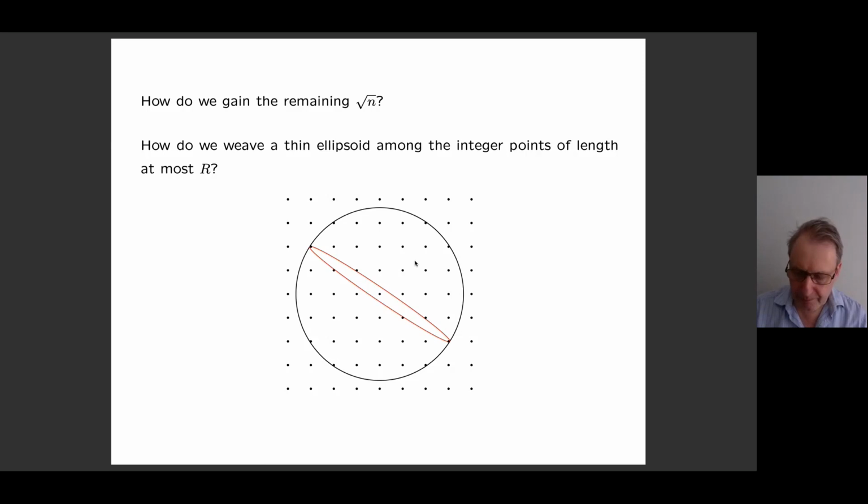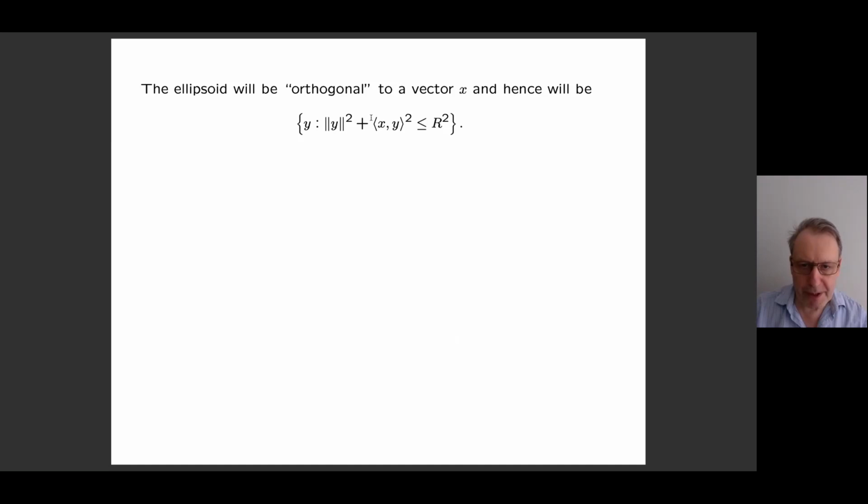It's going to be something like that. And so perpendicular to x, the length is just capital R. But in the direction x, we get much, much stronger control of how this y varies. So we get a huge additional term if y is in the direction of x. This will be the inequality determining the ellipsoid.